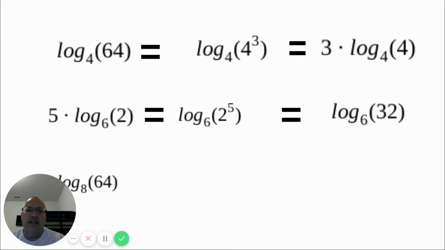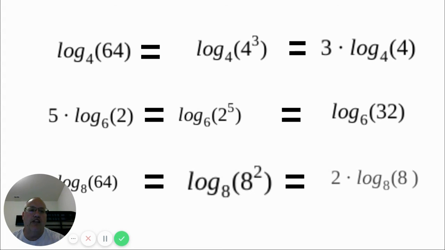And then finally, log base 8 of 64. If you rewrite that, 8 to what power makes 64? That's the power of 2. So log base 8 of 8 to the second power, and then you can rewrite it as 2 times log base 8 of 8. By the way, on your SATs and different types of tests, they'll use little tricky ones like this that are very weird.